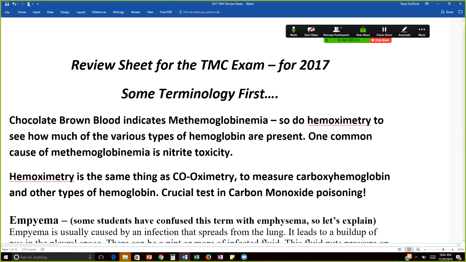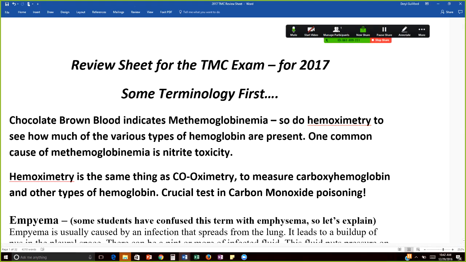I've gotten lots of questions about methemoglobinemia. This is the condition that causes your blood to turn chocolate brown. I've only seen this in clinic a couple times, but it's usually due to a poisoning situation. Nitrite toxicity is famous for doing this. Once in a while we confuse sodium nitrite with some other chemical.